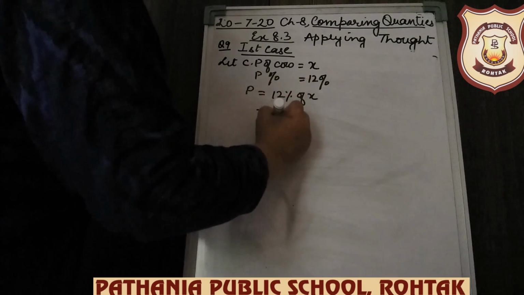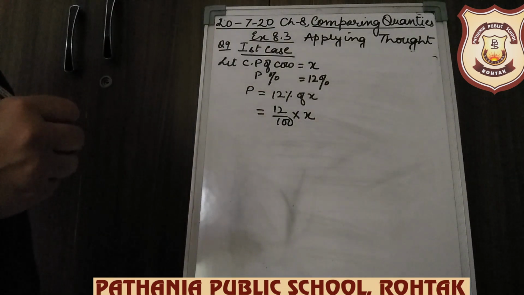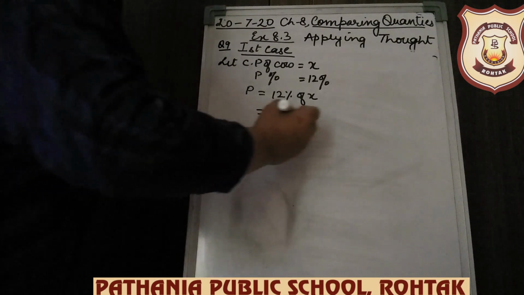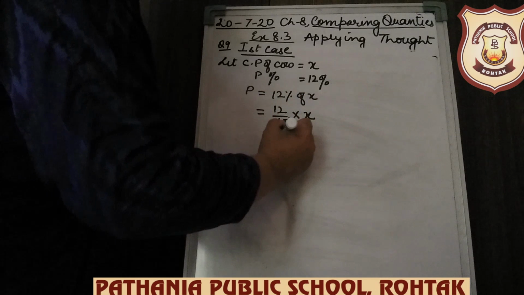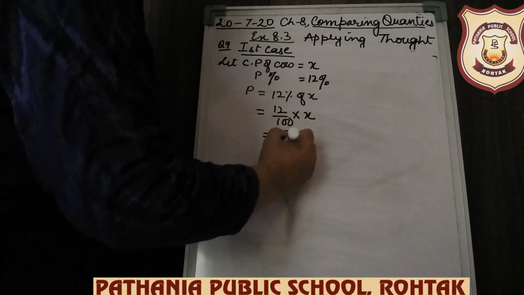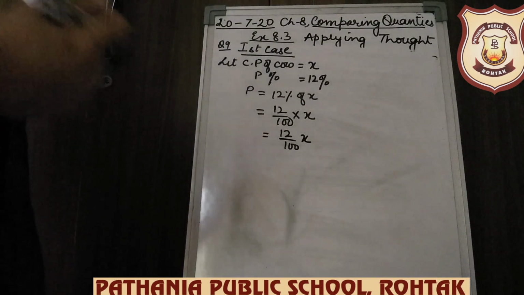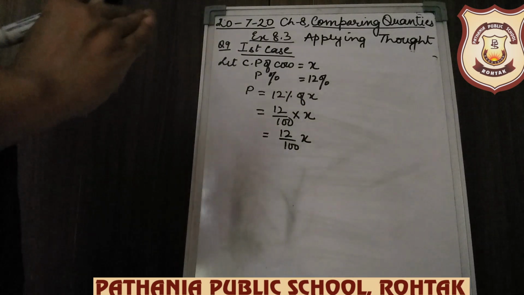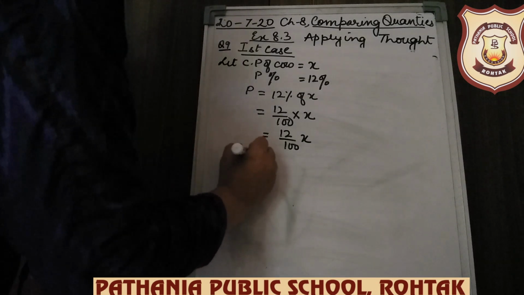So 12 upon 100 multiplied by X. Let it be like this because you are going to use it for the other case, so the denominators are going to be 100, so we are not going to reduce it to the smallest. So then what is the SP going to be?